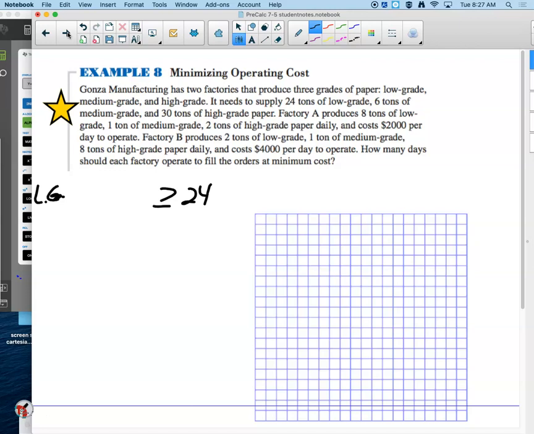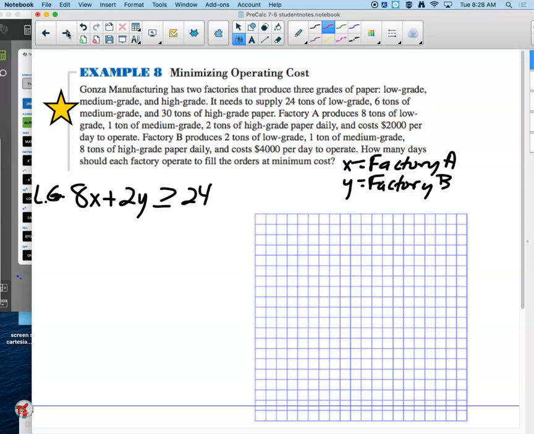So let's see. What did it say about the different factories here? Factory A produces 8 tons of low grade. So I'll have x for Factory A, and y, Factory B. So let's see, Factory B, 2 tons of low grade. So there's everything about the low grade.